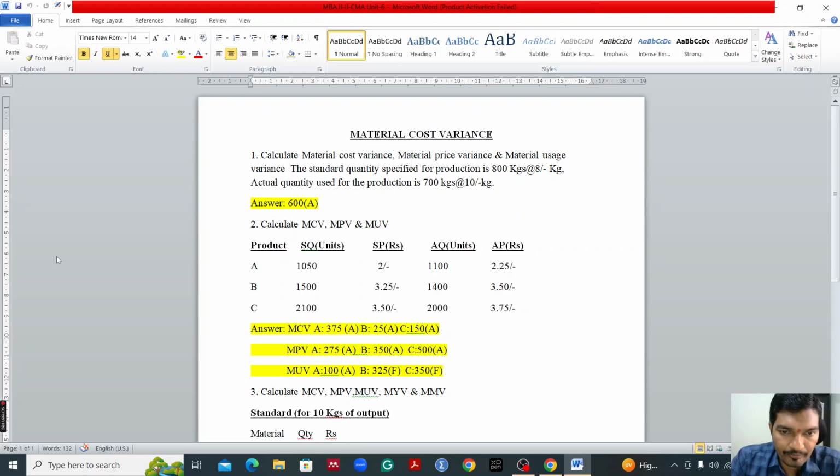But in the second sum, we need not combine it and we need to show it separately, for product wise information. So what is the second sum? We have three products available here. Standard quantity is given, standard price is given, actual quantity is given, actual price is also given.